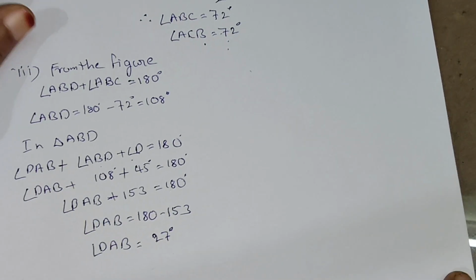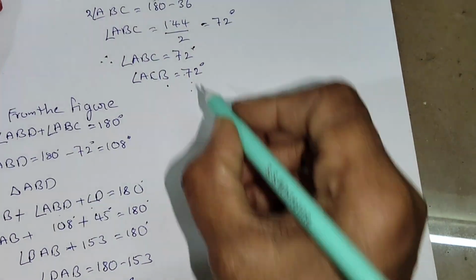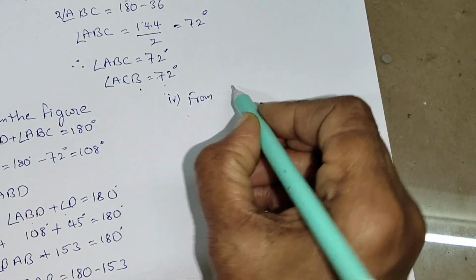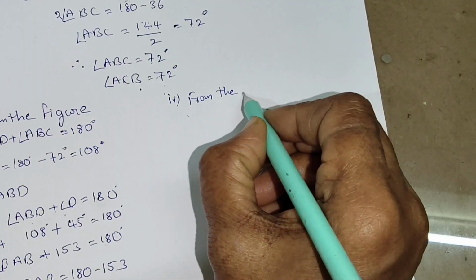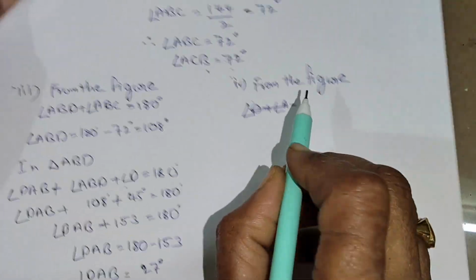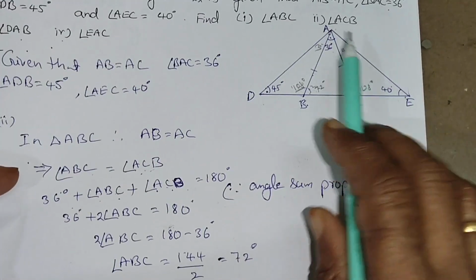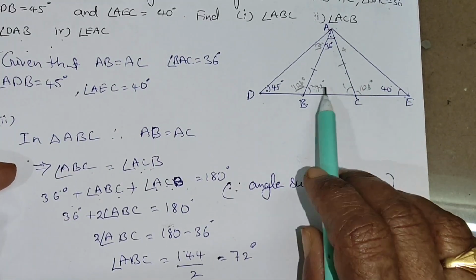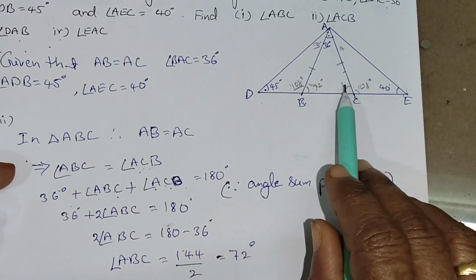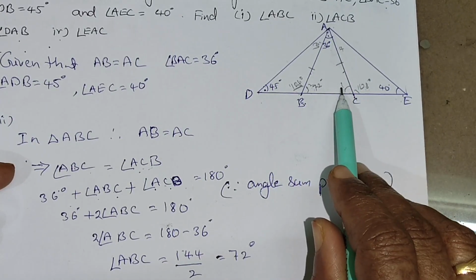Now the same method we use for the fourth one also. Here we find the fourth one from the figure. ACB plus ACE, these two are a linear pair. This one is 72 degrees.